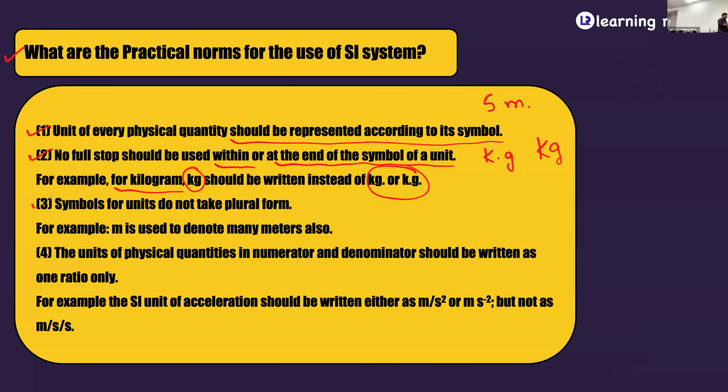And the third part is symbols for units do not take plural form. For example, if it is 1, we write it as meter. If it is more than 1, if it is 2, you should not write it as ms like this. If you write something like this, the whole meaning will change. It will become millisecond.